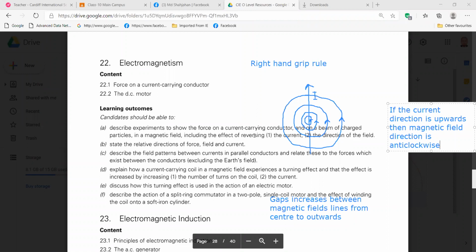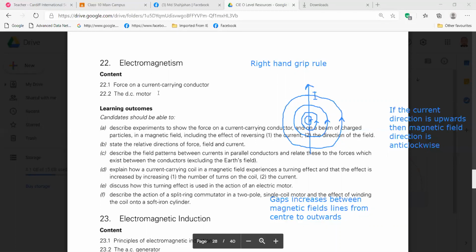They are parallel to each other. Are you seeing it in the book? If you see, then you can understand it. Otherwise, you will not understand. All of you have the book.